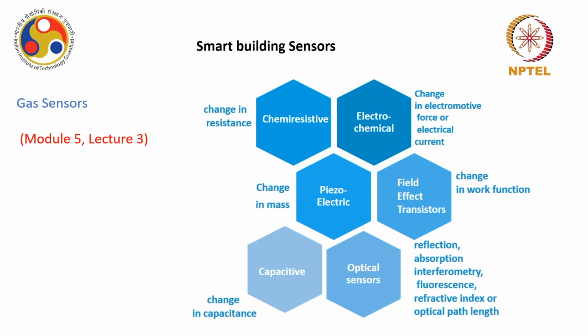We have piezoelectric as well as other kinds of devices working for that. Okay. We have electrochemical sensors where change in EMF or electrical current is measured. Then we have FETs which work on change in the work function or change in the channel current, and measure that particular change.